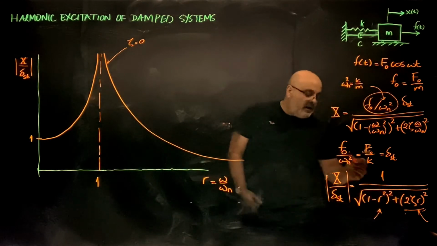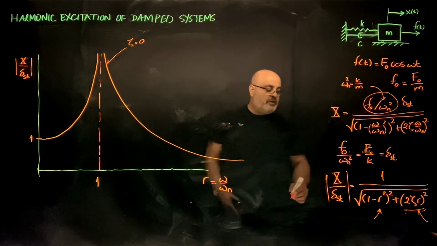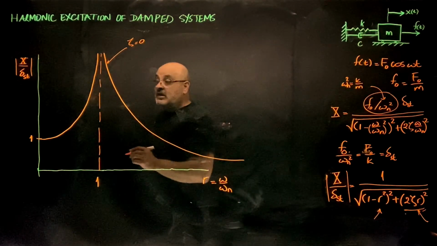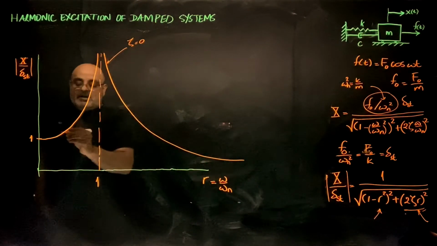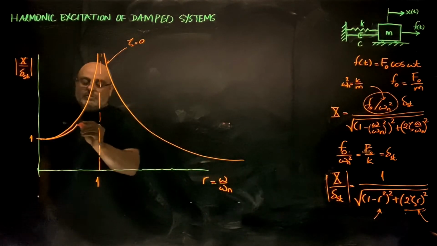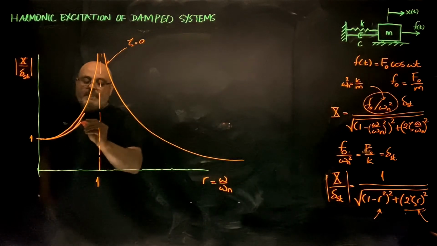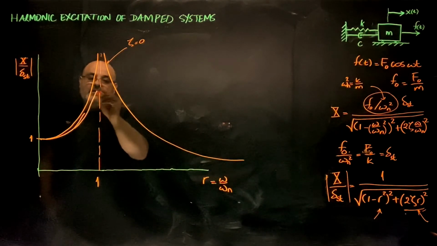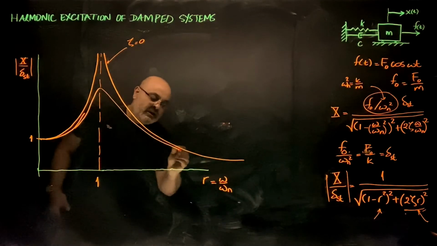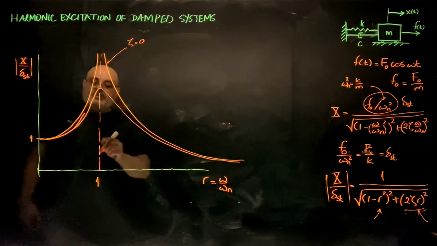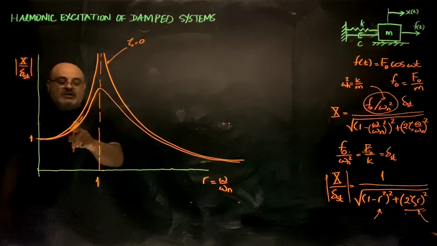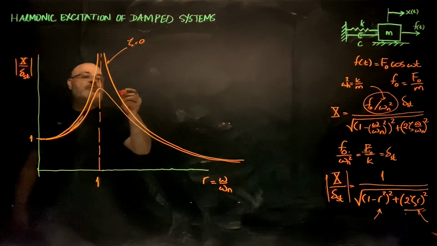So the total magnitude of x divided by delta static is going to be large, but it will not be infinity. So for 0.1, it will grow, but to some maximum value, and then drop again to 0 as the ratio increases.